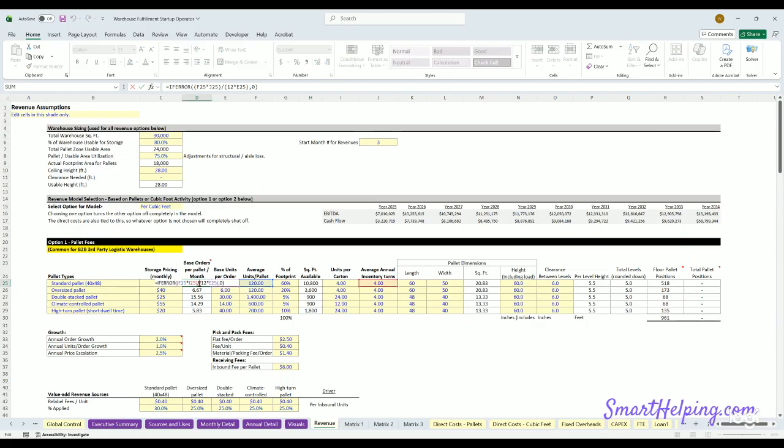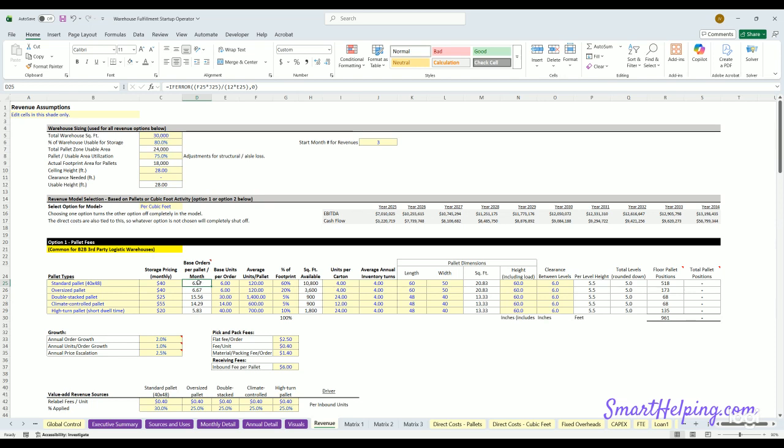So in this case, you can see we're just doing F times J, which is units per pallet times inventory turns. That's your total units you're moving through that space per year. And you're dividing by how many units are in each order times 12, because this is an annual inventory turn number, and we want to know how many orders per month exist.